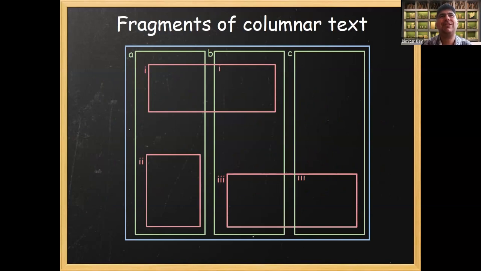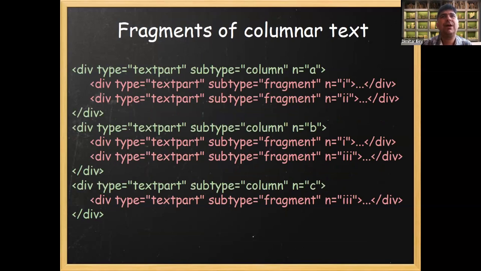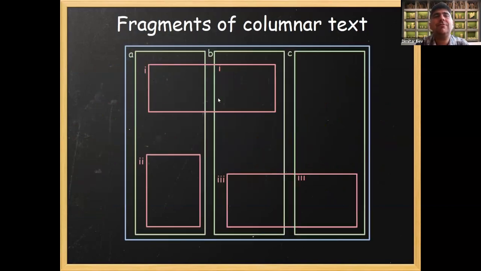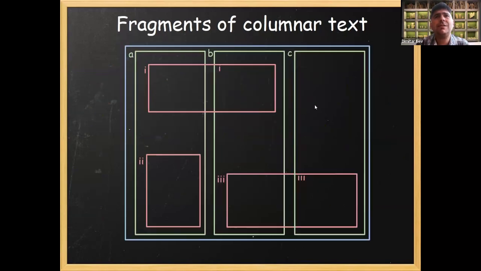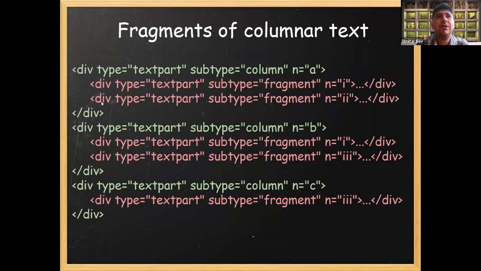This is the more complicated example when you supposedly have three columns, but you have fragments of columnar text which span across columns. And here again, you can achieve this with types and subtypes, provided that you give a particular number of these. If this fragment, which is the Roman numeral 1, belongs to column A and partially to column B, you put this into subtype column A and also into subtype column B. While the second one, which belongs only to subtype column A, is present only here.